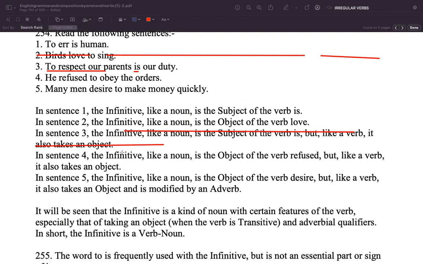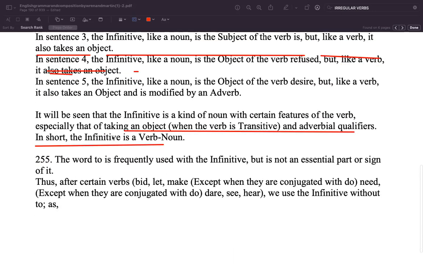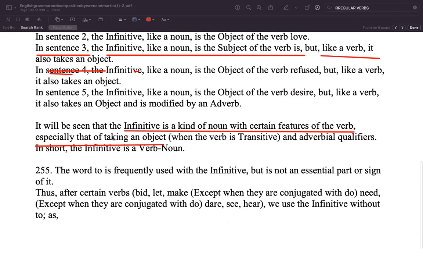So it also takes an object. So which one takes an object? Now "to respect", like if you say it is our duty to respect our parents, can be used with an object, right? That is what is stated in sentence 3. Okay. अरे समझ में आ रहा है या any confusion? Please do ask me. No, sir.